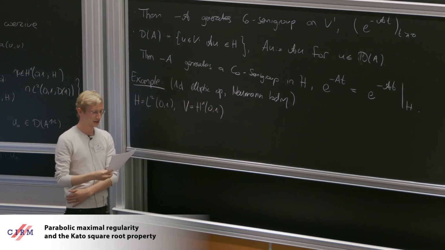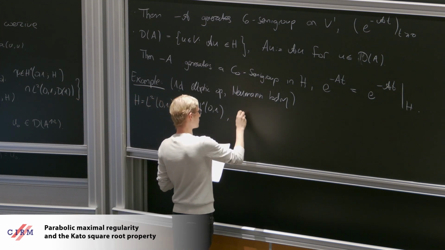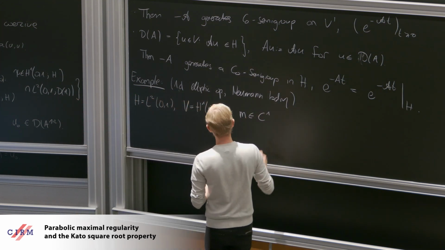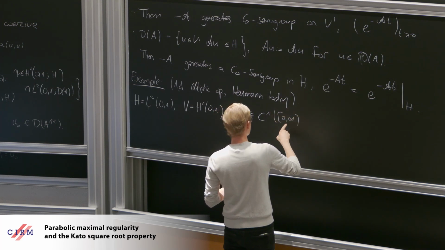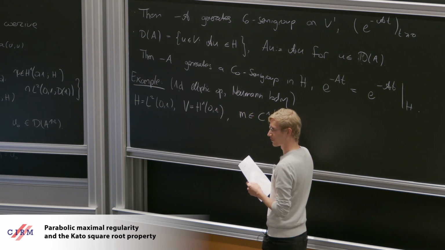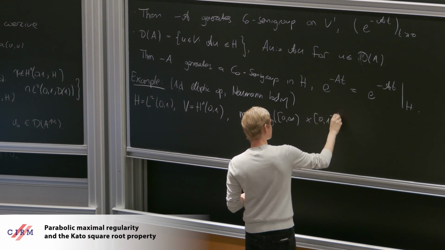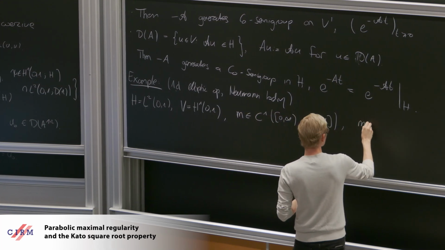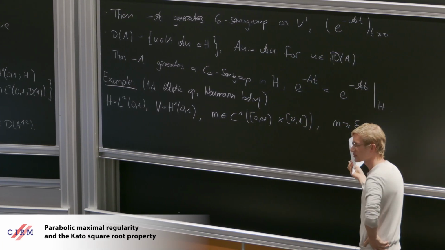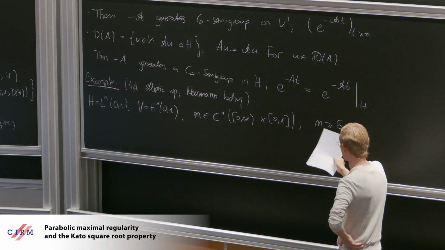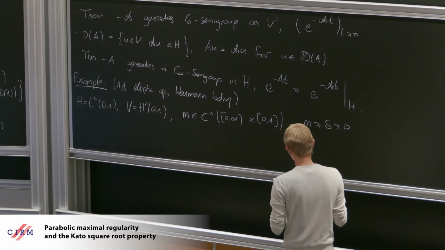So similar setup as in the ISEM so far. And we consider an M, which is in C1 of (0,infinity) times the interval (0,1). This will be time. So here we already get a time dependence. And we suppose that M is always greater than or equal to some constant delta, which is positive. So this is uniformly where M is defined. So M is real valued.